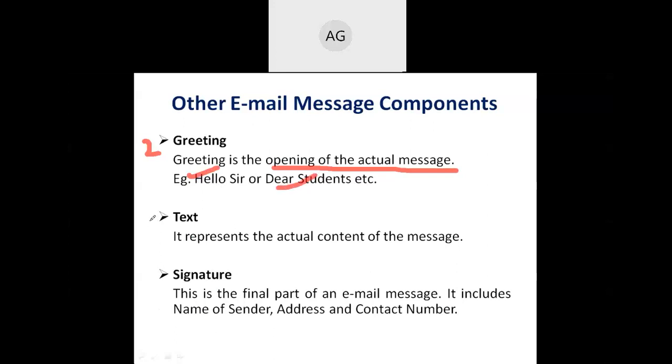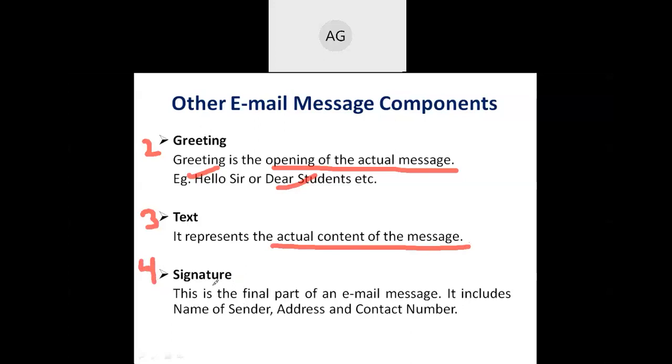Now the third component of email is text. It represents the actual content of the message. It includes the body of the letter, or the body of the application.